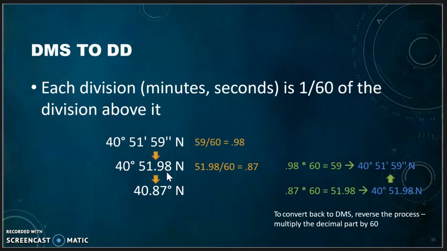We tack that onto our minutes, which gives us 40 degrees with 51.98 minutes. Then we divide 51.98 by 60 as well, which gives us 0.87. So our decimal degrees is now 40.87 degrees north. To convert back, you just do the reverse process. I'm not going to go over that in as much detail, but these slides will be available in PDF form for you to reference shortly.